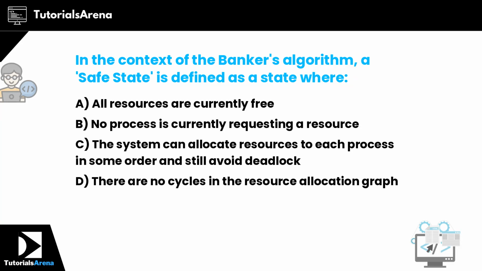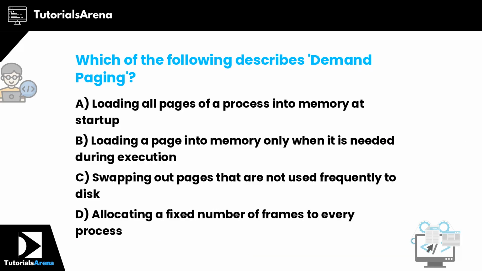In the context of the banker's algorithm, a safe state is defined as a state where the correct answer is option C, the system can allocate resources to each process in some order and still avoid deadlock. Which of the following describes demand paging? The correct answer is option B, loading a page into memory only when it is needed during execution.